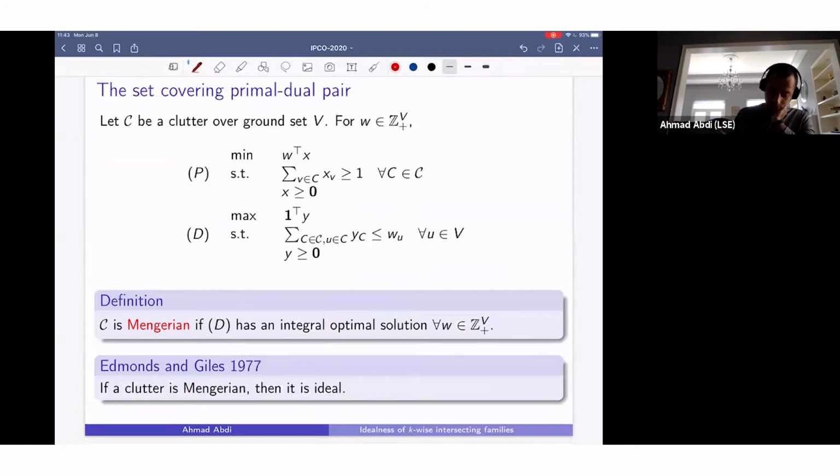If we look at these Mengerian clutters with the all ones weight, what is this program doing? It's looking for a minimum size subset of the elements that intersect every member at least once. So this is a hitting set problem, or a covering problem. We're trying to come up with a minimum set of elements to intersect every member at least once.